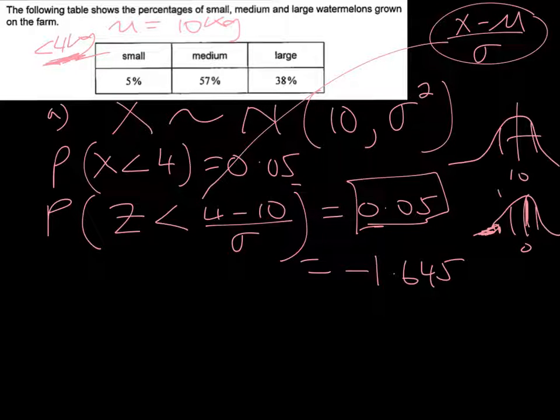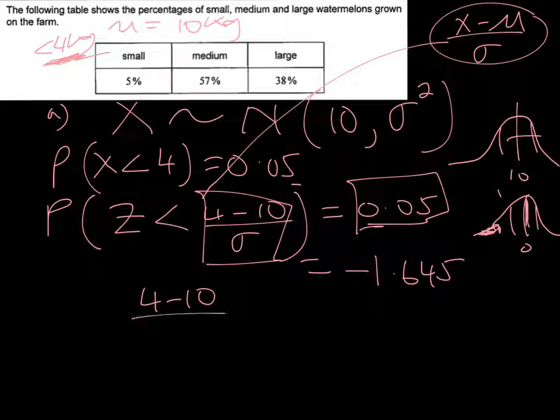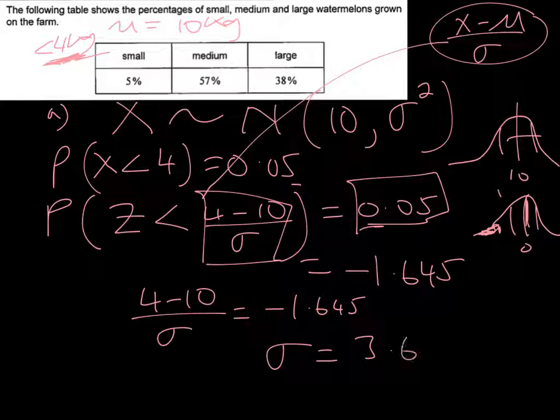So all I'm left with is figuring out the standard deviation by solving 4 minus 10 over sigma equals negative 1.645. If I solve that, I find that the standard deviation is 3.65.